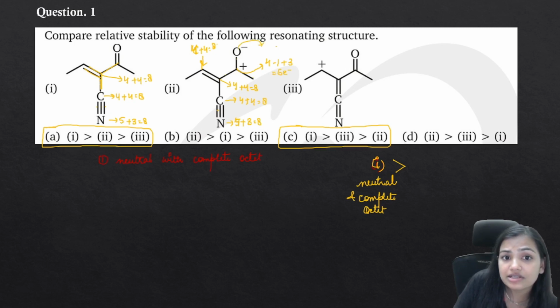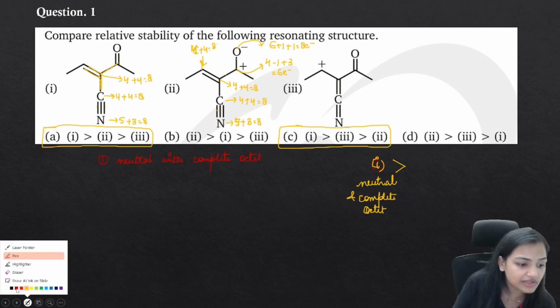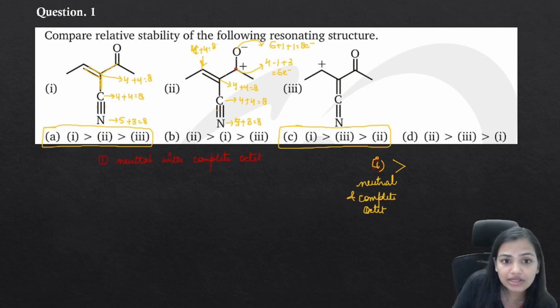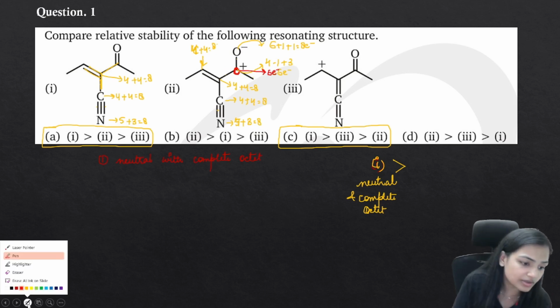For the oxygen, 6 plus 1 because of this negative charge, plus 1 from sharing, so it is an 8 electron species. So everywhere the octet is complete, except at this one carbon, which is a 6 electron species. Is it clear? The rest of the octets are complete.